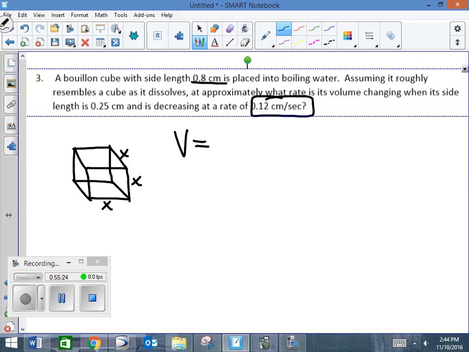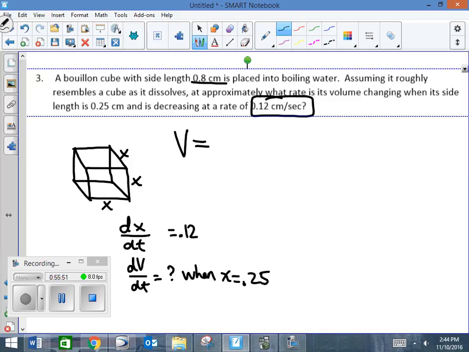Okay. So what do we know? What's 0.12? dx/dt. And what are we looking for? dV/dt. Will they sometimes give you extra information to try to trick you? Yes. Like x equals 0.8 centimeters, that doesn't matter at all.